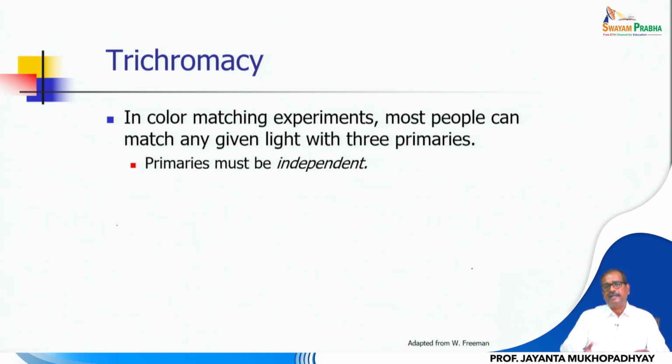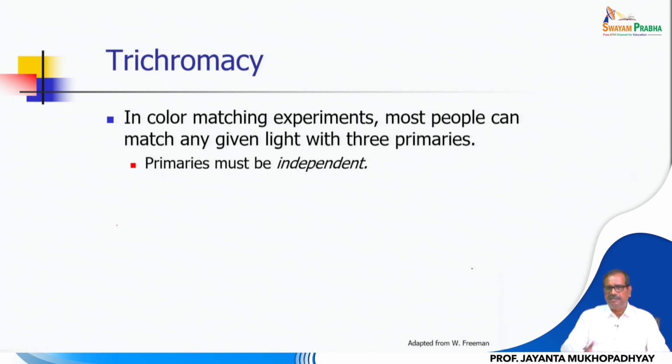But what is the characteristic of primaries? We say those are primaries if they are independent. It's the same linear algebraic characterization of any linear system, where a set of basis vectors is considered, and if I say independent vectors, it means a linear combination of other vectors cannot produce the remaining one.